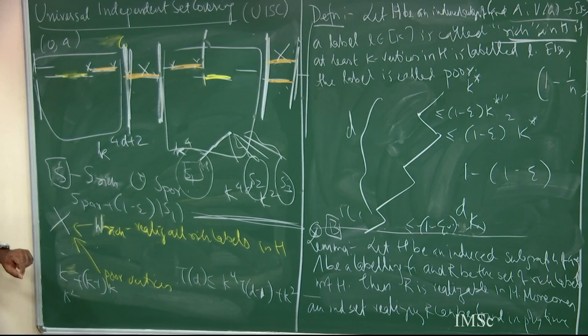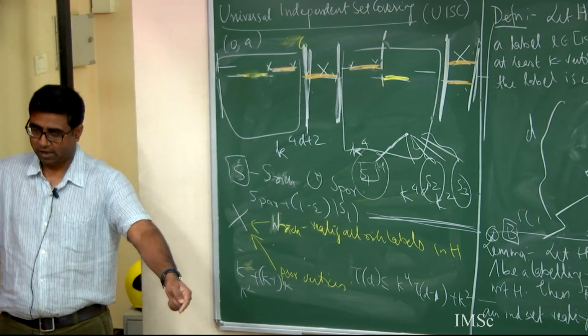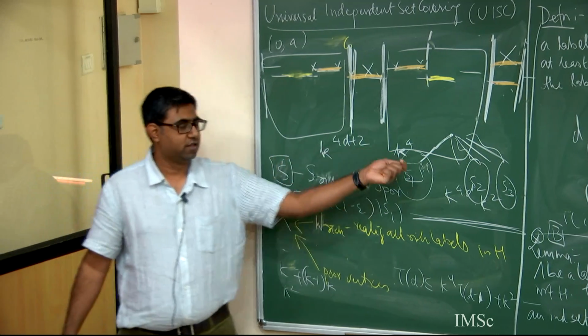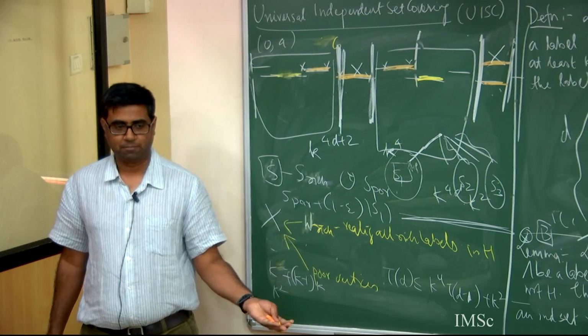You do rich, poor labels, and what is the proof of correctness? You give me your set S. I follow the path in this branching tree, and I'm happy.